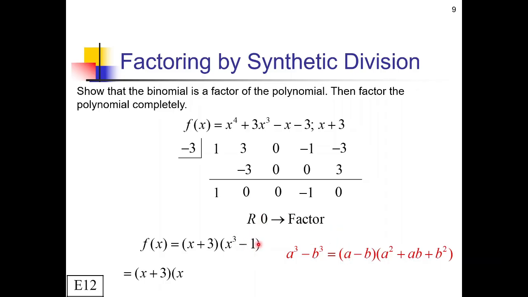Cube root of 1 is also 1. So we've got, let's see, x minus 1. And then we've got a squared is going to be x squared, plus ab is just plus x times 1, so plus x. And then b squared is just 1 squared, so just plus 1. And that's as far as we can get on this one.